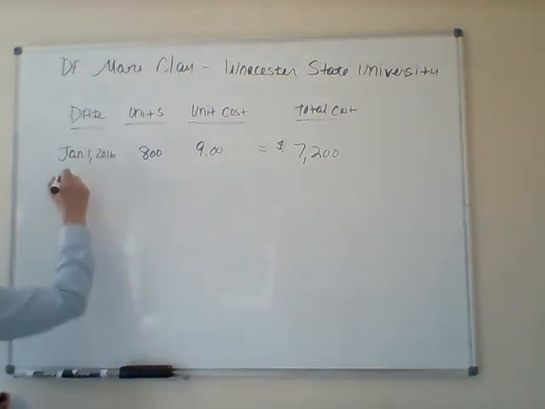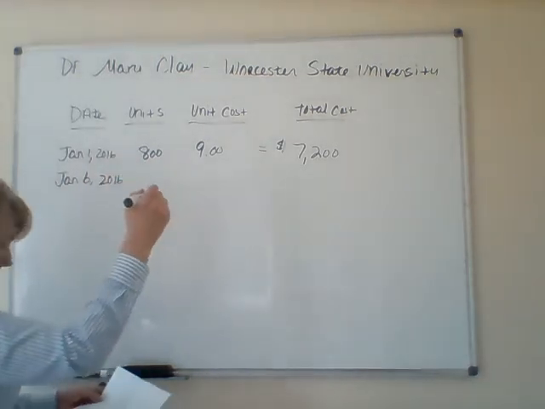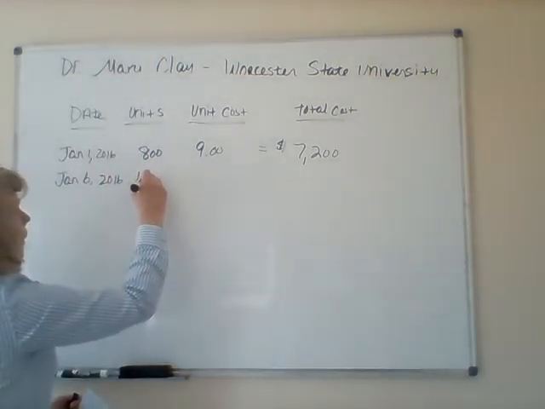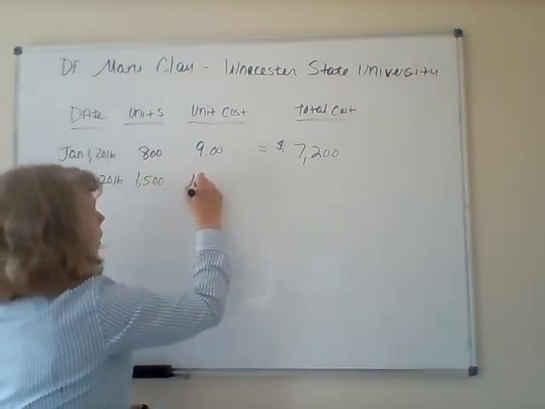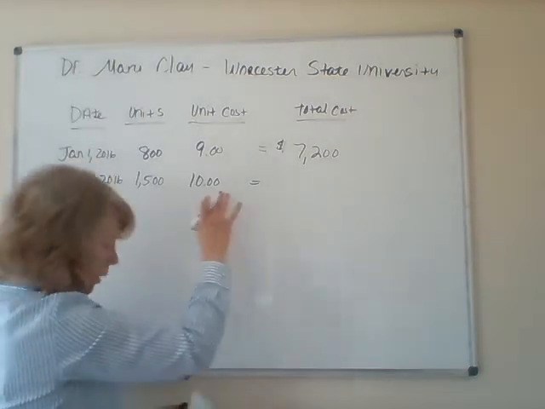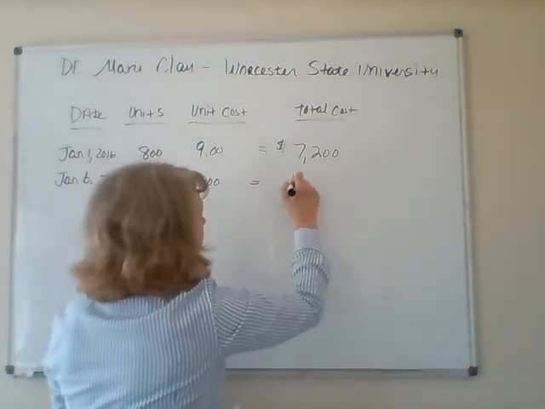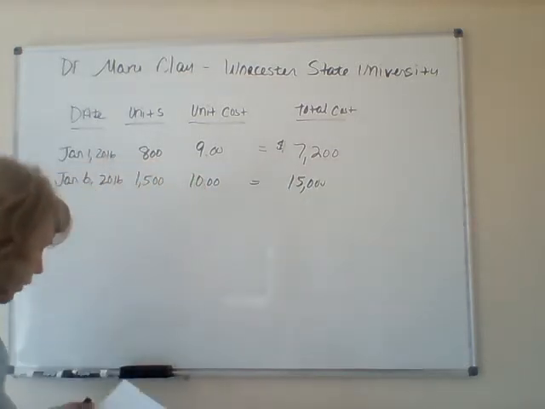All right, then we have January 6th, 2016. How many units? 1,500. What is the cost per unit? $10. Just multiply it across. 1,500 times 10 gives me 15,000. This is also a dollar figure. I'm just not going to write the dollar sign every time.